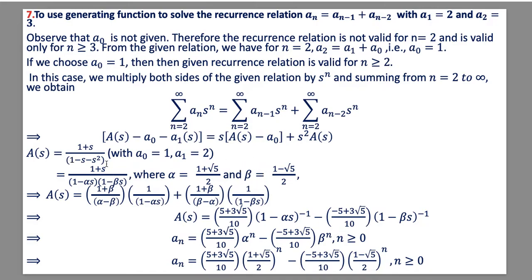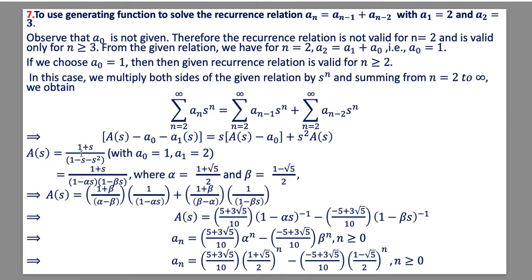So the factors of this can be written as 1 minus alpha s into 1 minus beta s. It means A(s) is equal to, if we resolve it into partial fractions, 1 plus beta upon alpha minus beta, 1 upon 1 minus alpha s, plus 1 plus beta upon beta minus alpha, 1 upon 1 minus beta s.